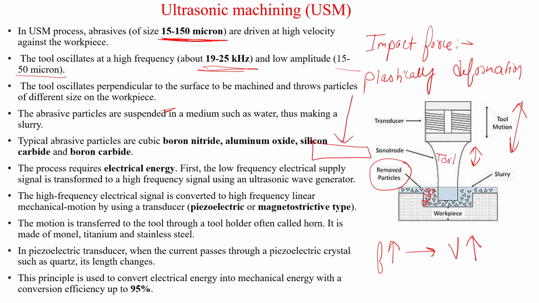The abrasive particles are suspended in a medium such as water, thus making a slurry. So basically, this slurry is a mixture of water, other liquid, and the abrasives. It can be asked which types of abrasives are used. Abrasives used are boron nitride, aluminum oxide, silicon carbide, and boron carbide. These are very common abrasives which are used everywhere.